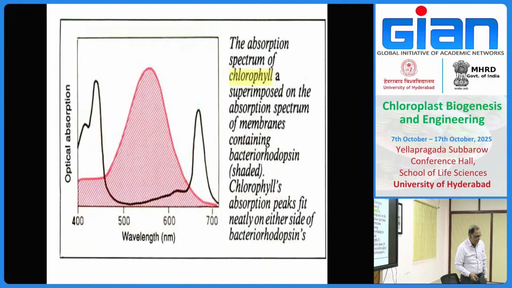Okay. Now the question arises. Chlorophyll is green. Why is chlorophyll green? Because it is not absorbing green light, right? They absorb all the wavelengths of light other than green.